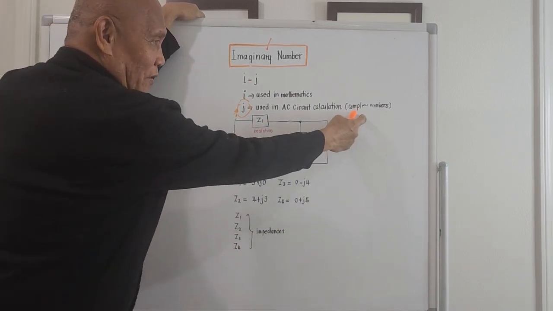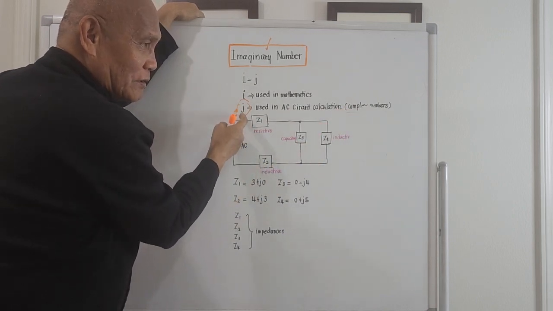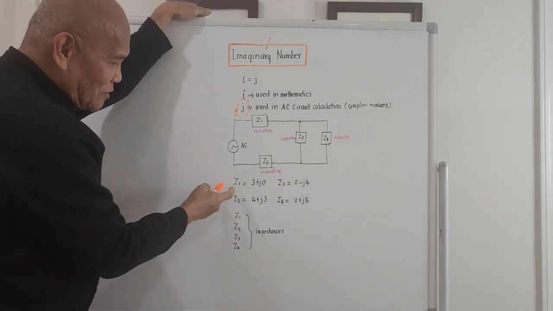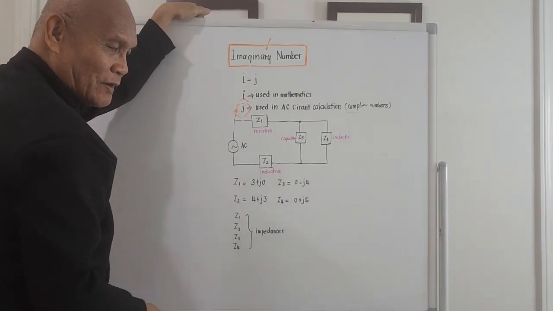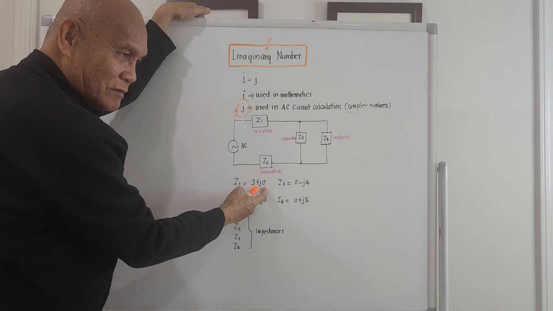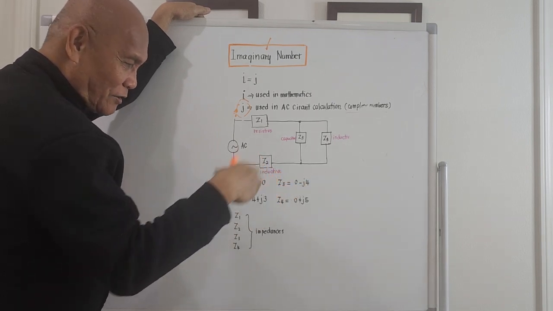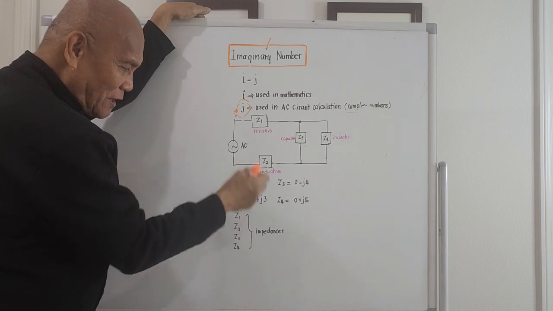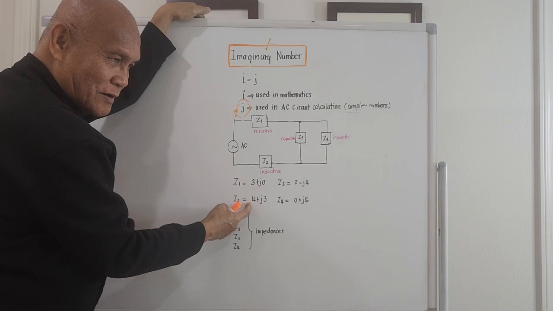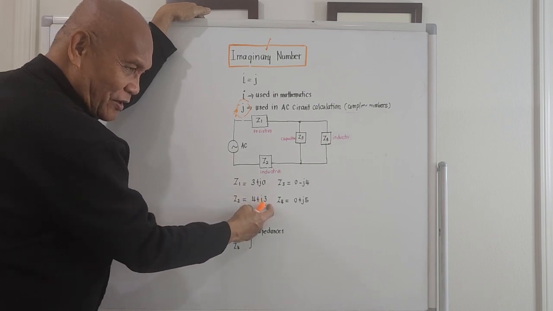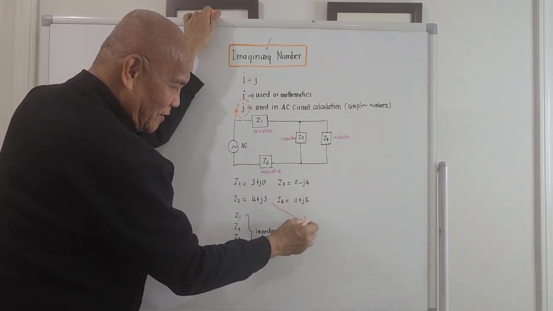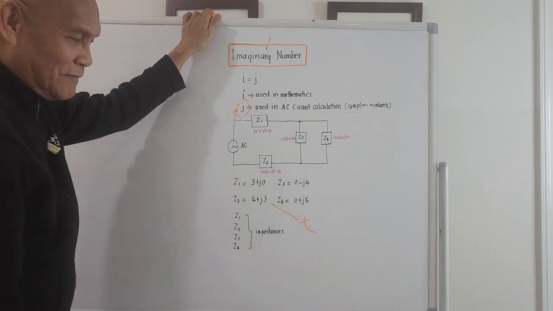Impedance is a complex number which involves the letter J. For one case, Z1 equals 3 plus J0, meaning the resistance is 3 ohms and the reactance is 0. Another example, I could write the impedance to be 4 plus J3. The meaning of this is the resistance is 4 ohms and the inductive reactance is 3. If this is plus, this should be XL, inductive reactance.